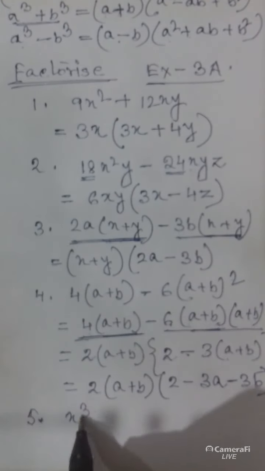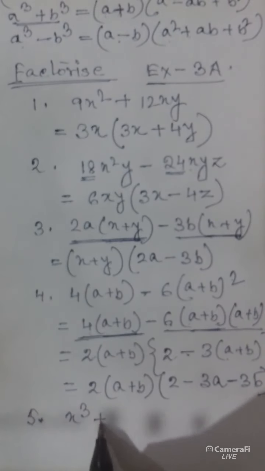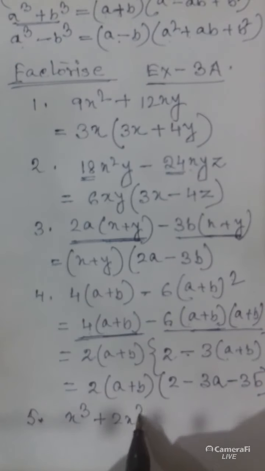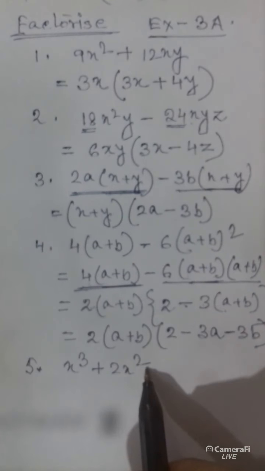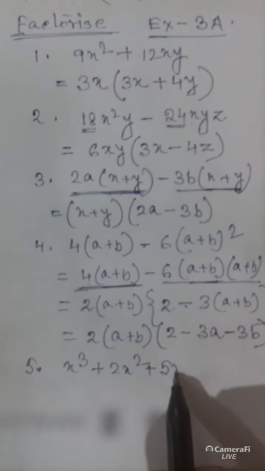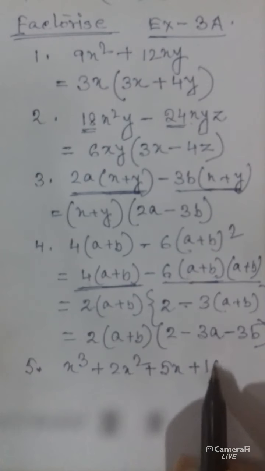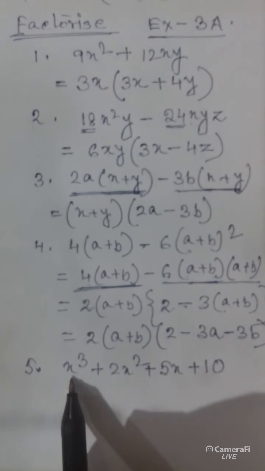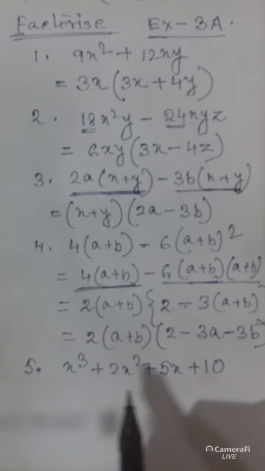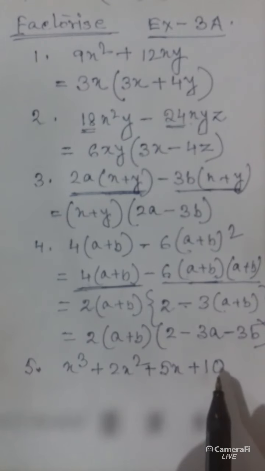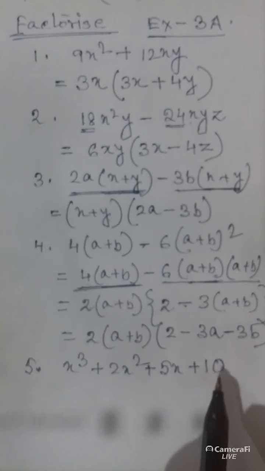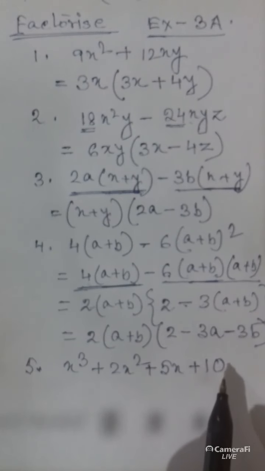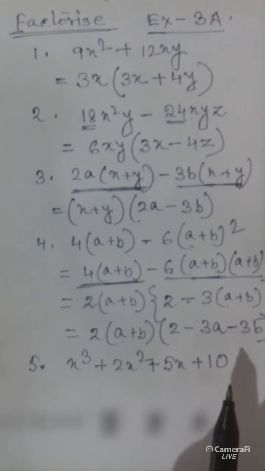Suppose this type of math is there: x cube plus 2x square plus 5x plus 10. Here no common factor is there.